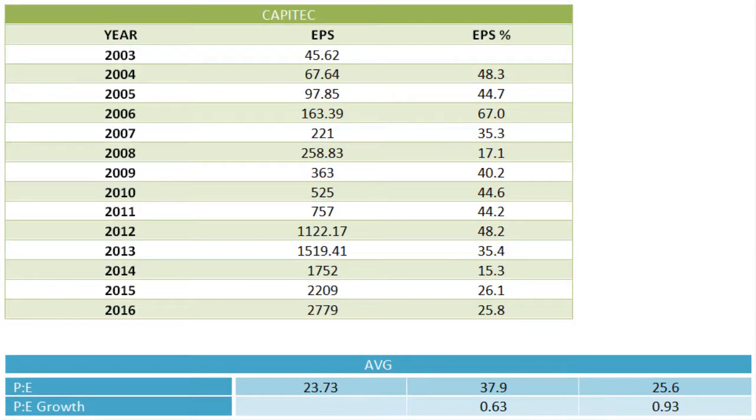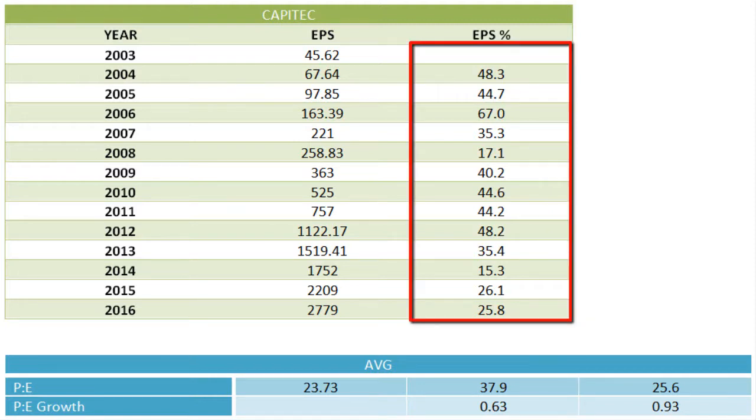Now let's look at Capitec Bank. And Capitec is, again, a very highly rated company. The earnings per share on Capitec have risen steadily over the last 13 years, from 2004 through to 2016. And you can see that they have averaged 37.9% per annum growth over that long and extended period.